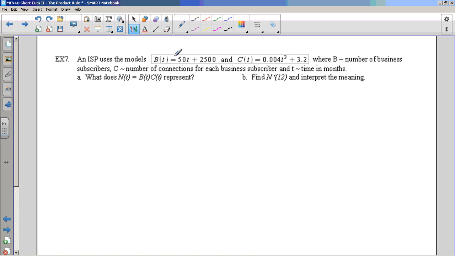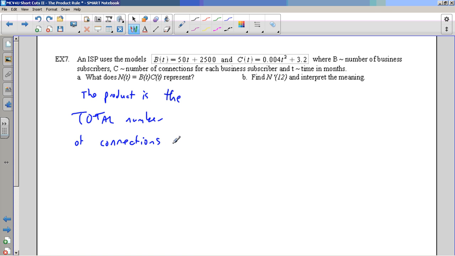Well, if this is the number of businesses and this is the number of connections for each business subscriber, then N, the product, is just the total number of connections needed at time t months.